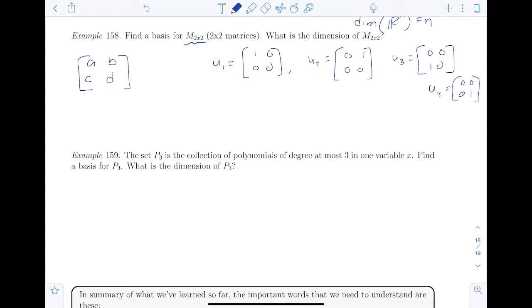So then a, b, c, d is equal to a u1 plus b u2 plus c u3 plus d u4. They are clearly linearly independent because they don't have any interference in any of their coordinates. And they span. I can clearly make anything out of them that I want to.